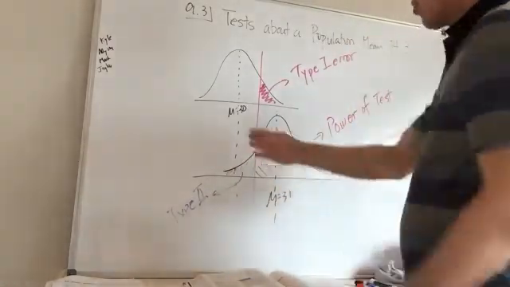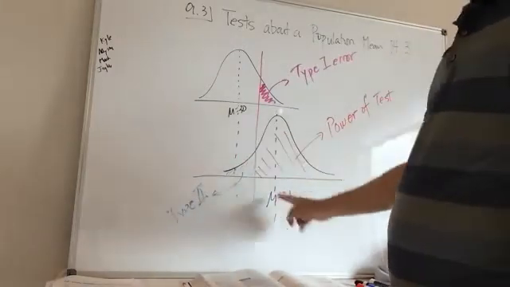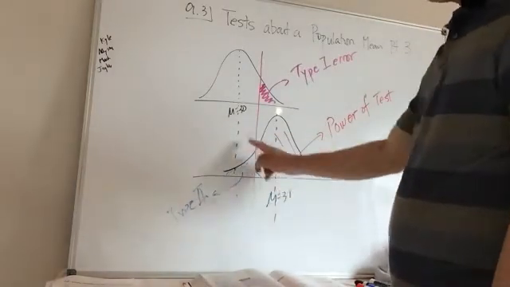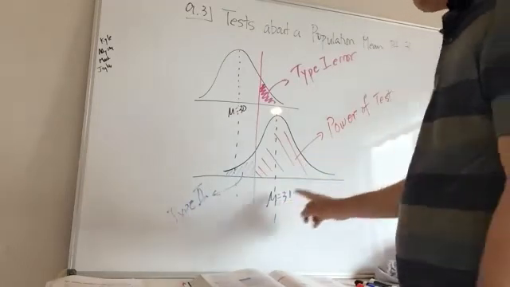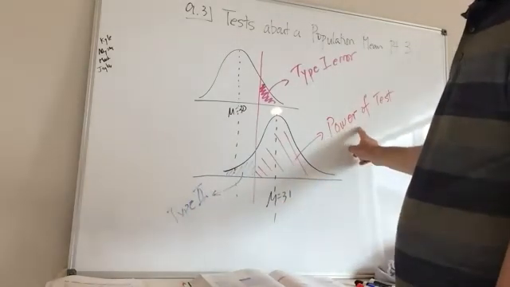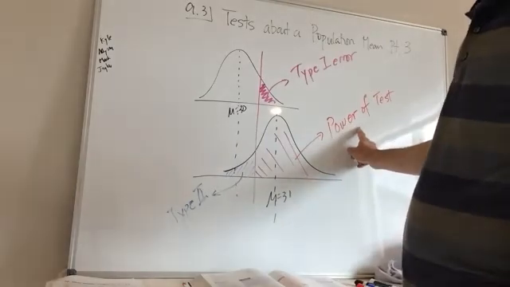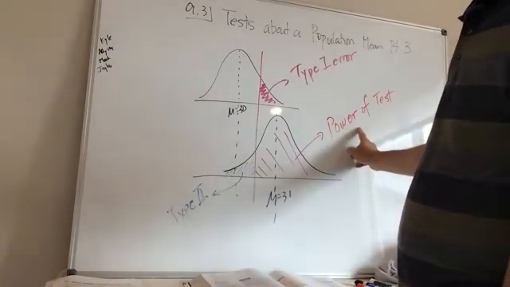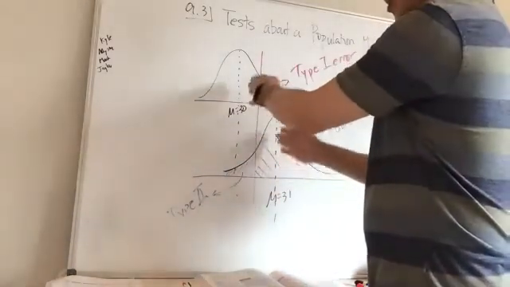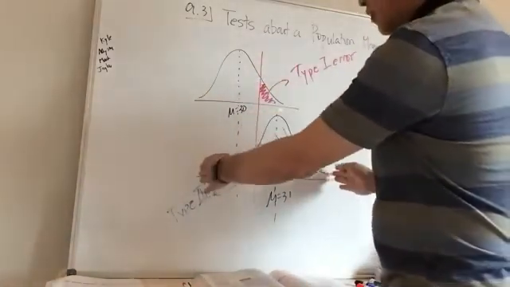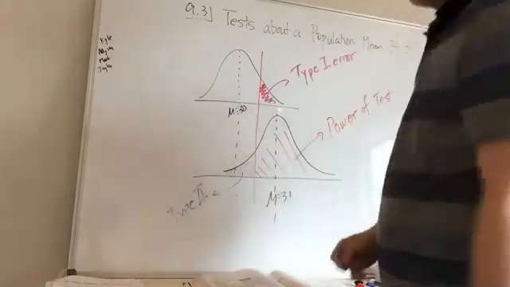So the greater the separation between these two, I'm going to have less of a type 2 error. The power of my test is going to be bigger. If they're separated apart, I'm going to have less of an error.